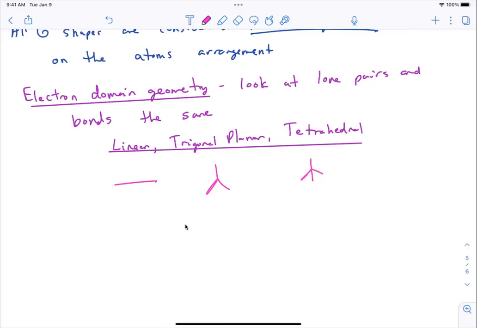For example, trigonal planar: I have one lone pair, so I cover up the top line here. And what's left? It's bent. Here, tetrahedral, I cover one up, three pointing down, pyramidal.